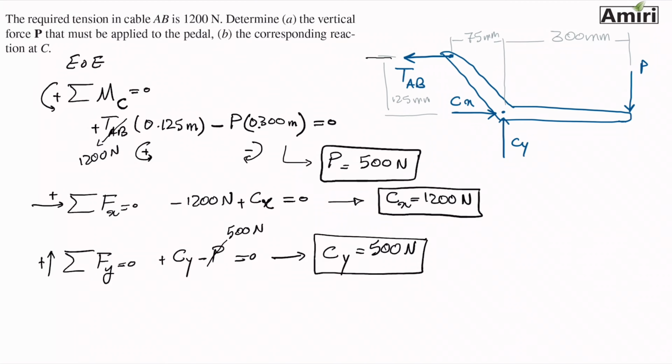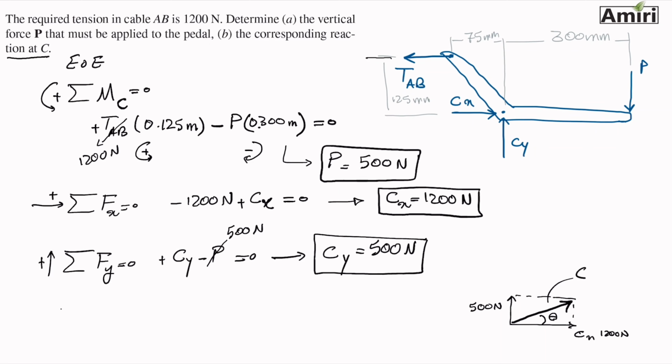So these are your answers, but we've seen in other problems too, it says reaction at C, so it's better to convert this into just one force. Force Cx is 1200 newtons, Cy is about half of it, 500 newtons. This is what I'd like to find, C, and also that angle.